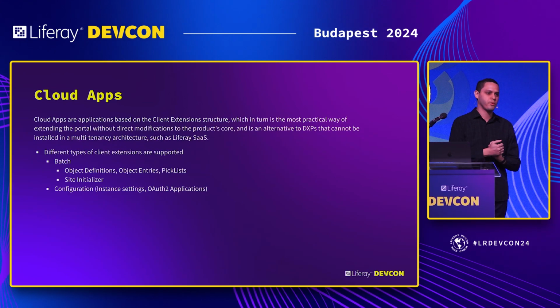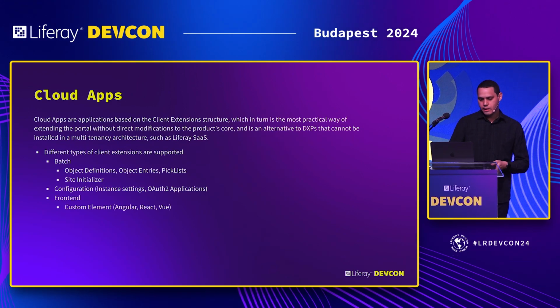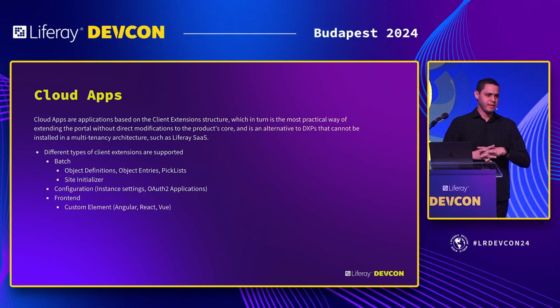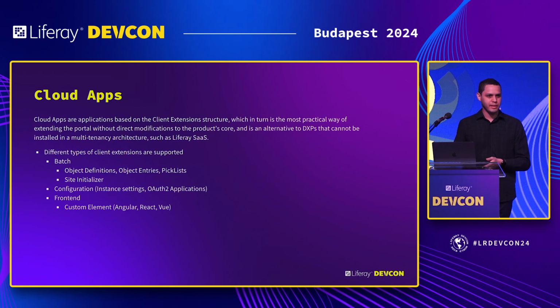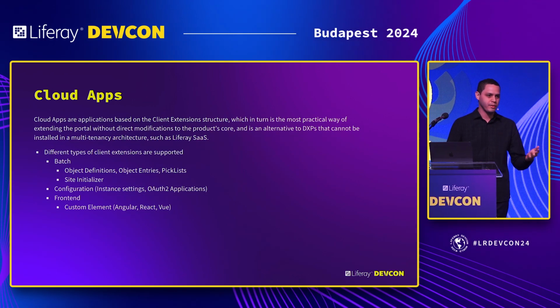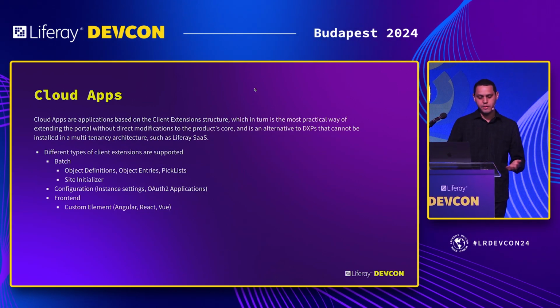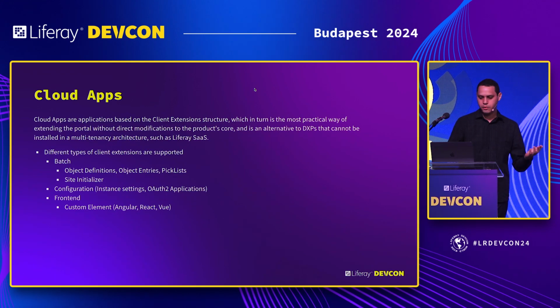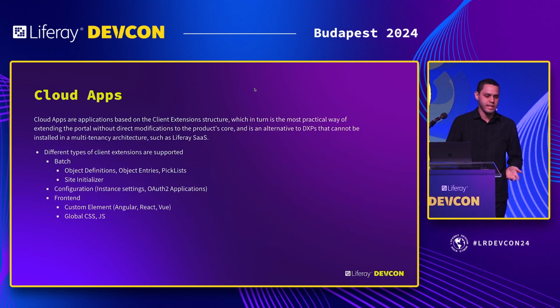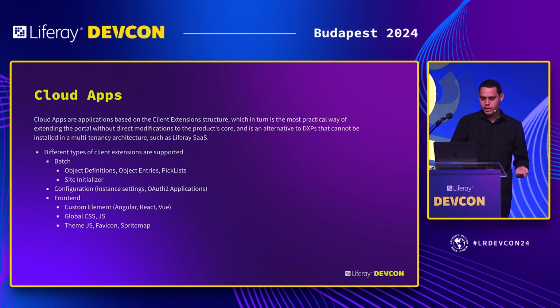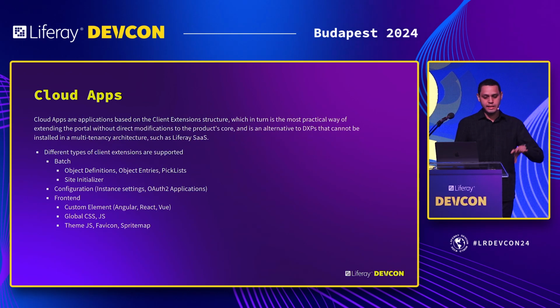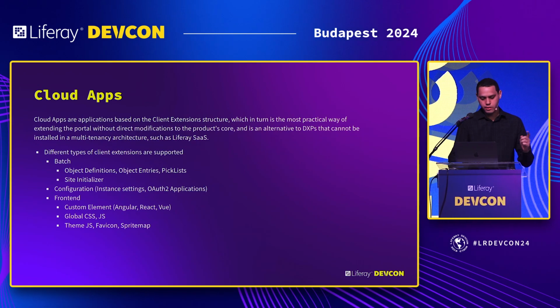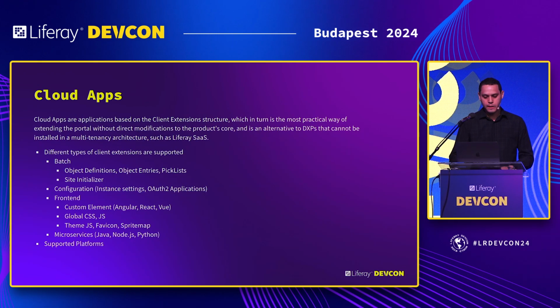You can also use it to create your OAuth2 entries if you need it. You can also use your favorite front-end tooling. So you can create your custom element client extension leveraging Angular, React, or Vue, or whatever you think is the best for you. Also, you can use front-end client extension to build global CSS, global JS, theme.